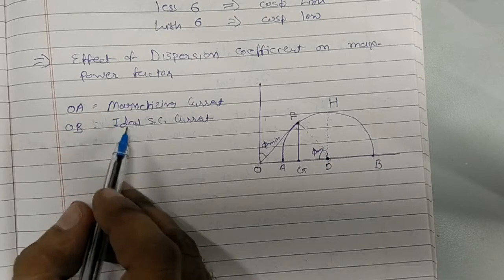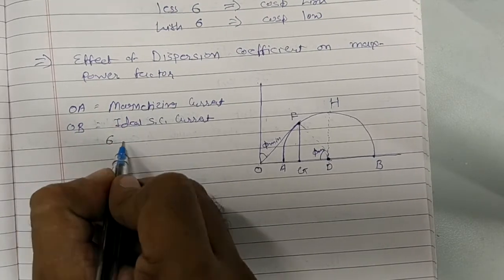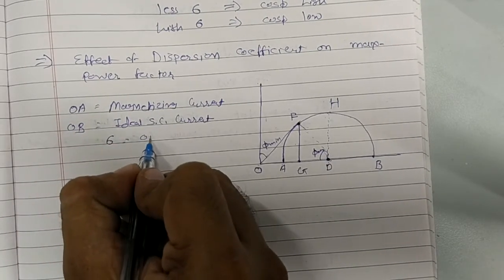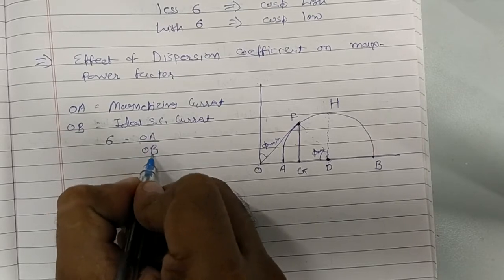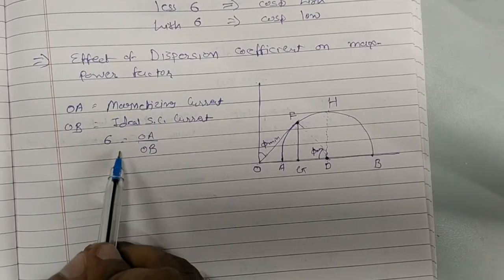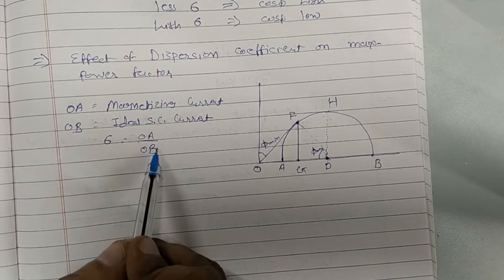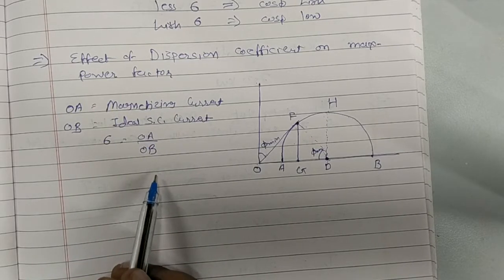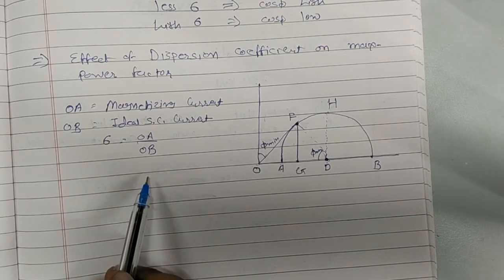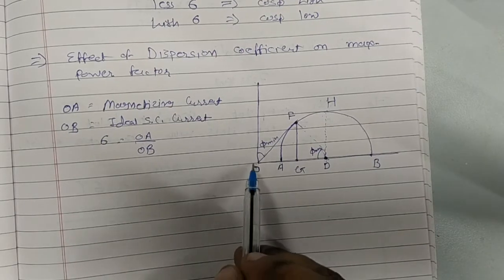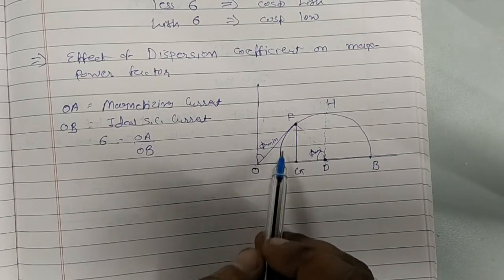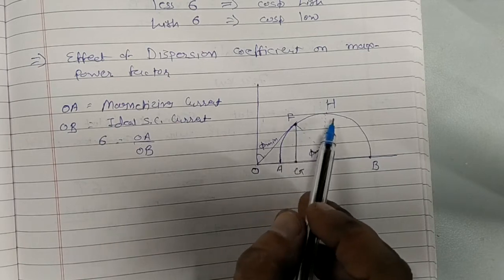So automatically my dispersion coefficient becomes OA upon OB. We are going to use this relationship later: the dispersion coefficient is OA upon OB, and the maximum power factor is obtained when the line OF is the tangent to this circle.